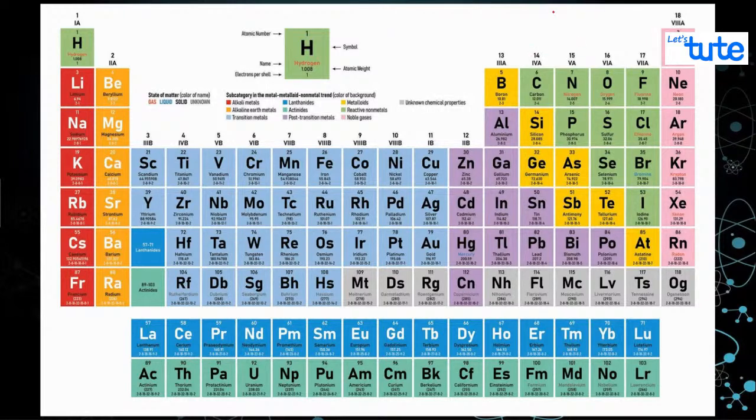Let's take helium as an example. The atomic number of helium is 2, but the atomic mass of helium is 4. So we are just multiplying it by 2 and we get the atomic mass value.